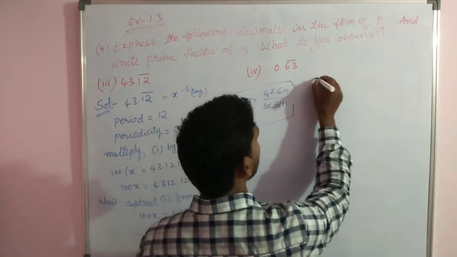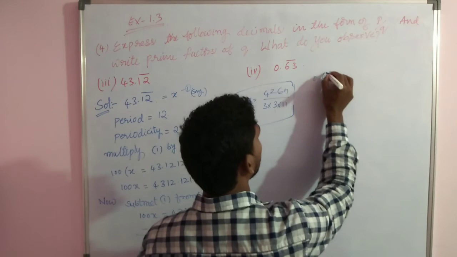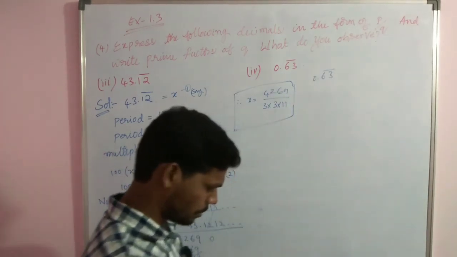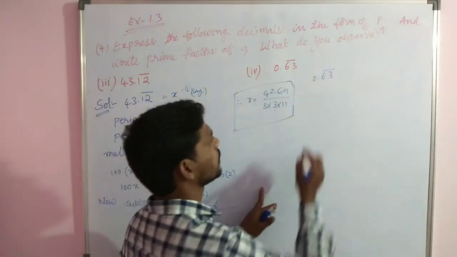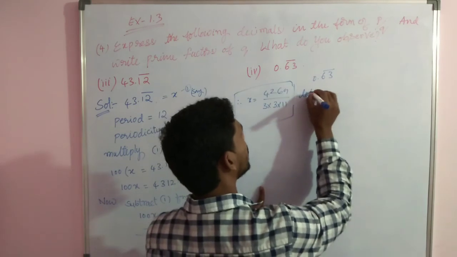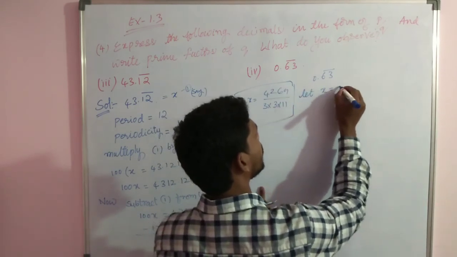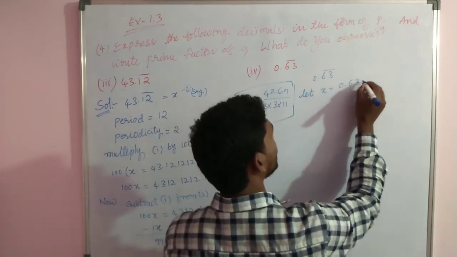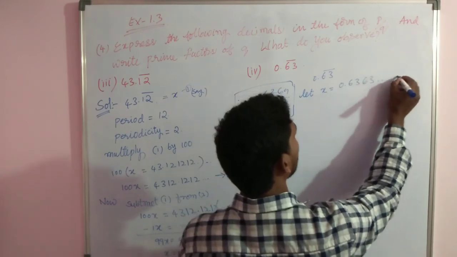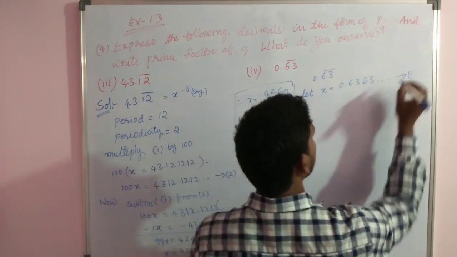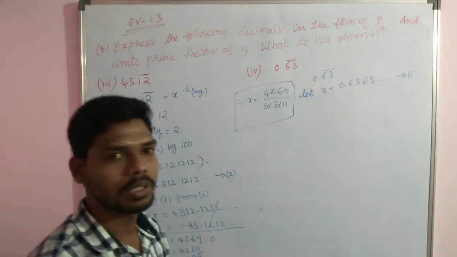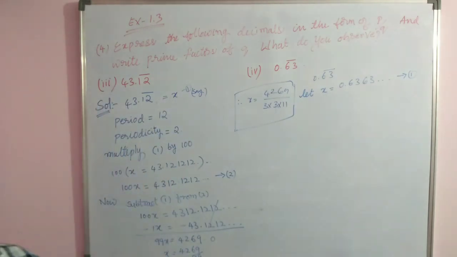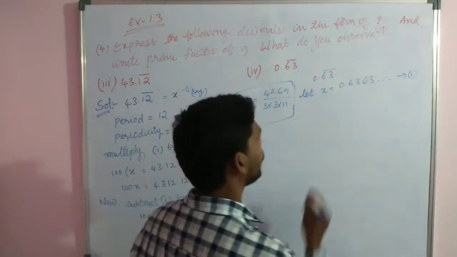Next, the given problem is 0.63 with a bar over 2 digits. So let x be equal to 0.6363 and so on. Take this as equation number 1.